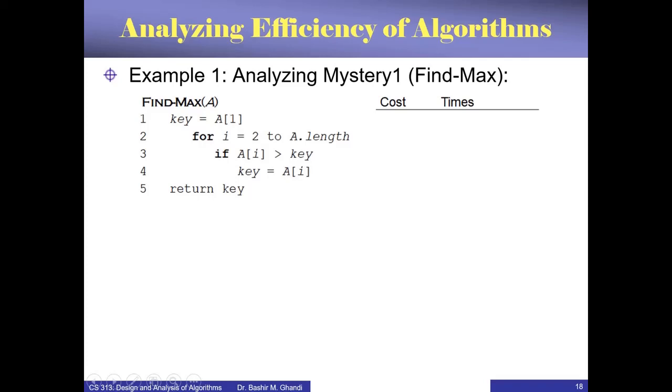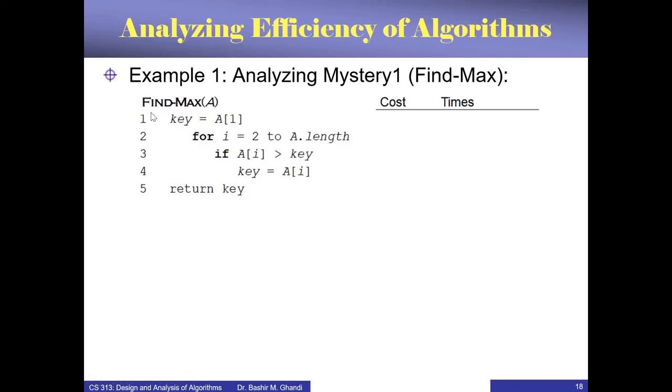Okay, so let's go one by one. Here, the first line says key becomes A at 1, or assign the first element in the array to the variable key. Well, assignment is a basic operation, so we're going to assume it has a constant time.